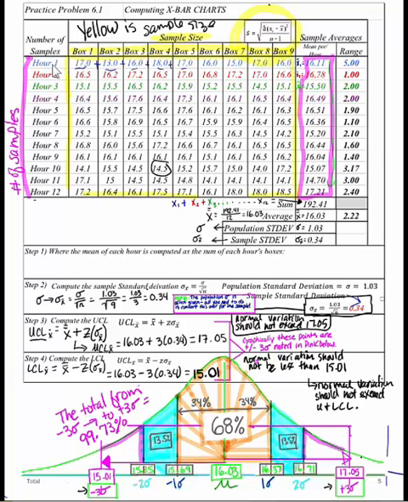So every hour we go and pull 9 boxes of cereal off the assembly line and we weigh them. And in the first hour you'll notice that we have 17 ounces, 13, 16, 18, etc. And on average they weigh 16.11 ounces. The range is 5, right?